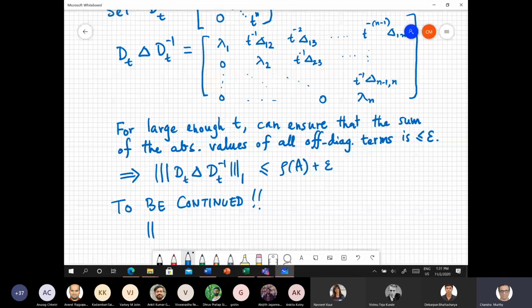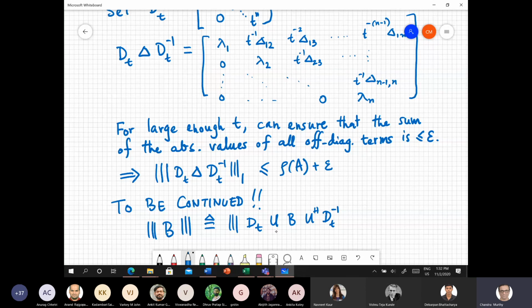We want to define a norm such that the norm of A is between rho of A and rho of A plus epsilon, and we're going to define it to be the L1 norm of D_t U A U Hermitian D_t inverse.